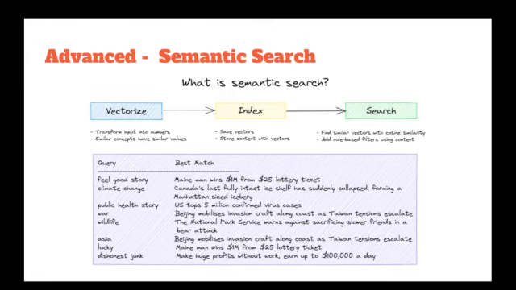You transform it into vectors, you store it in a vector database, and then when the user prompts your LLM, it can search the vector database and give you relevant records that are related to what you're saying. So for example, a query for a feel-good story might have a match of "Maine man wins $1 million from $25 lottery ticket." This kind of similarity search is impossible without this. So yeah, this is critical.